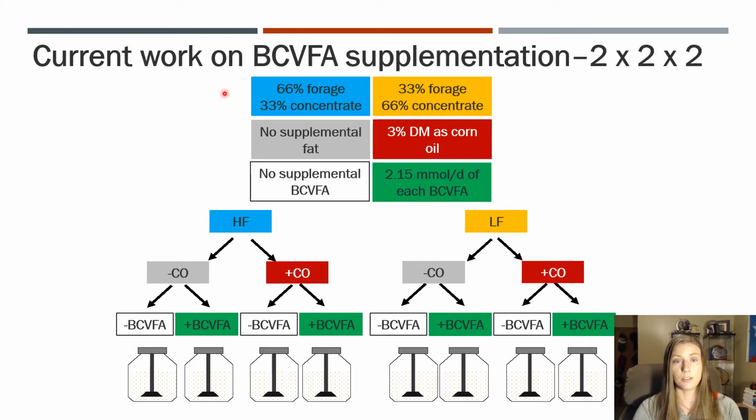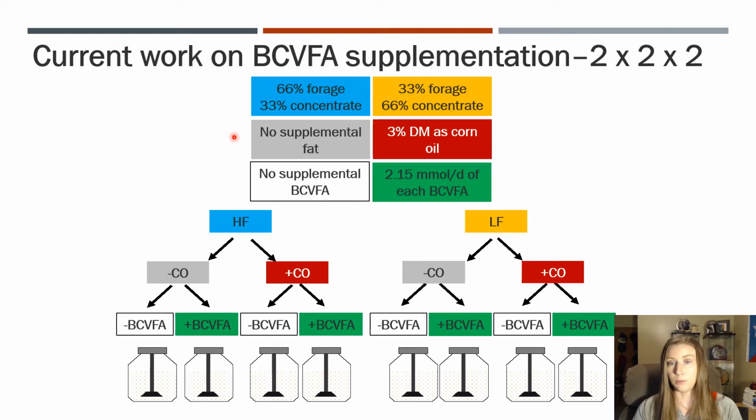To determine this, we had a 2x2x2 factorial arrangement of treatments where the first factor was a high forage or low forage diet, where we expected a high forage diet to increase cellulolytic bacteria population, therefore increasing branched-chain VFA usage. Our second factor was either no supplemental fat or supplemental fat dosed as corn oil for a polyunsaturated fatty acid, or PUFA, dose.